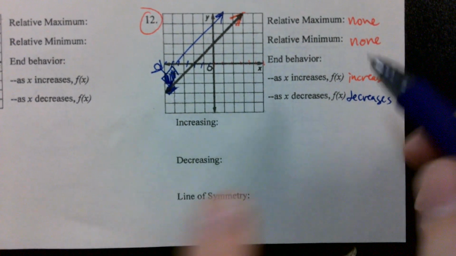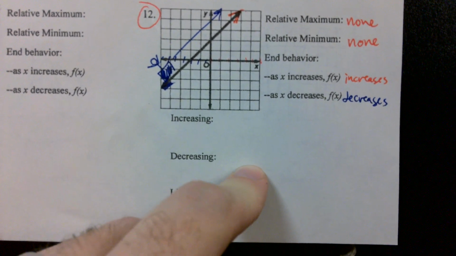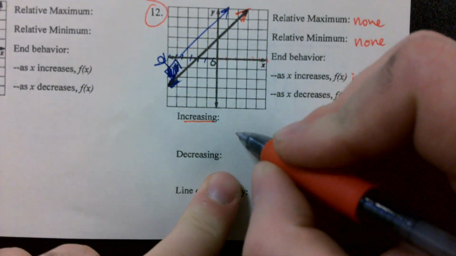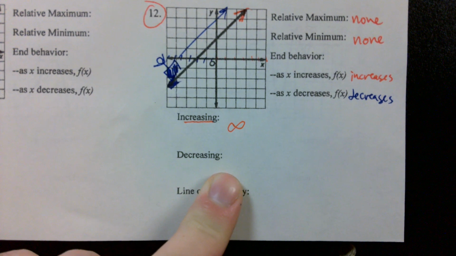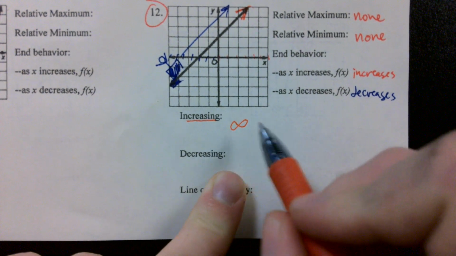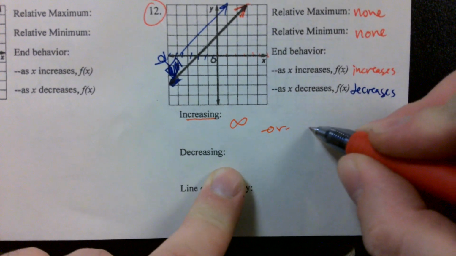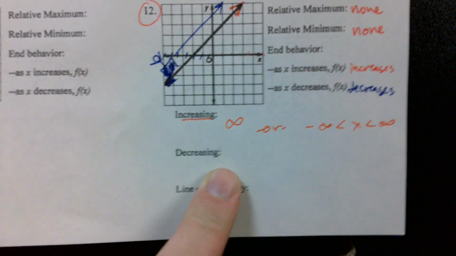No, because there is no maximum point. So the increasing interval, if you remember what we talked about for number 7, we could just say it's increasing infinitely, a little sideways 8, infinite sign. Or we could say x is in between negative infinity and positive infinity.